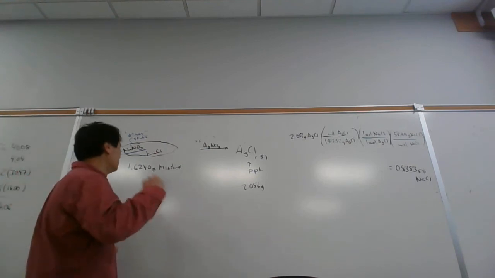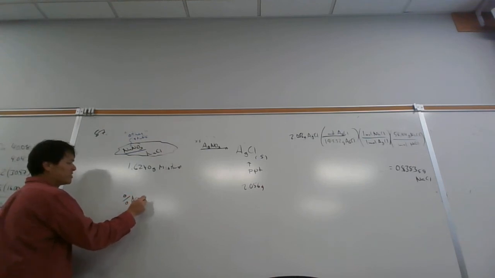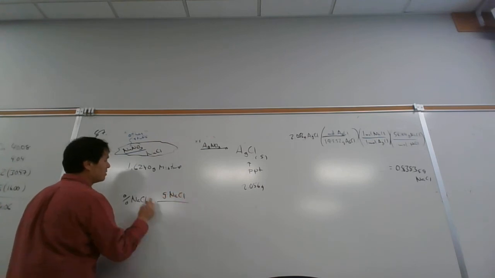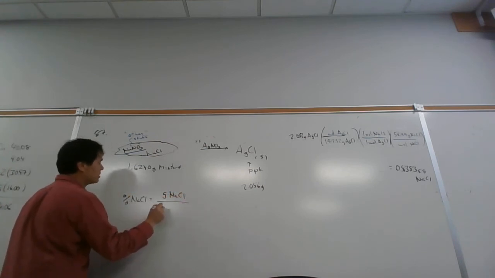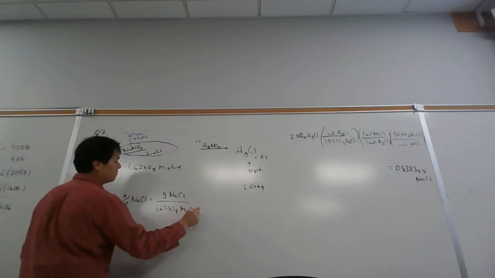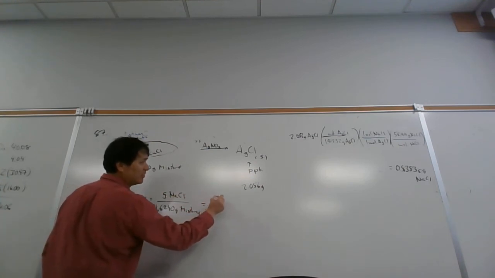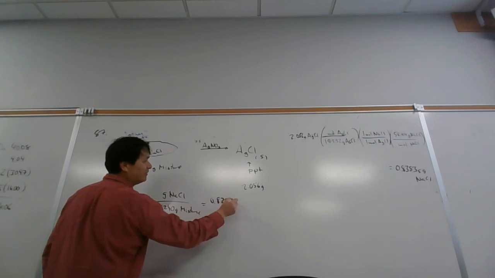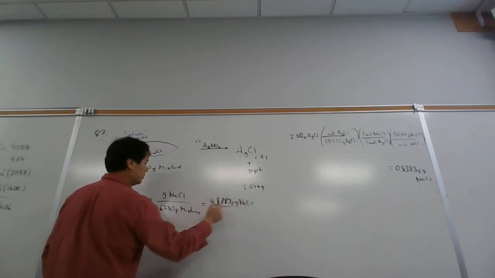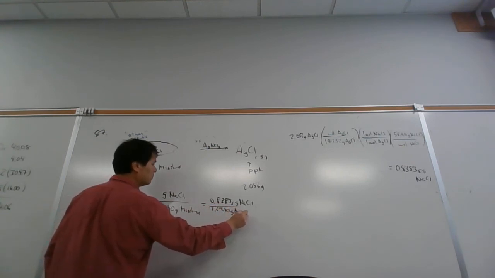What we can do is go back here and calculate it. The percent sodium chloride in this mixture is equal to the grams of sodium chloride in the mixture divided by the total mass of the mixture, 1.6240 grams of mixture. The grams of sodium chloride we just calculated, 0.83835 grams of sodium chloride per 1.6240 grams of mix, times 100%.